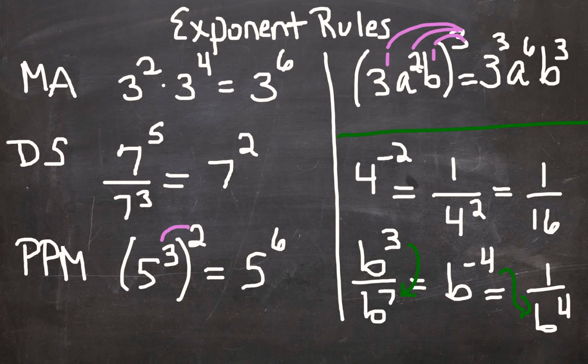Let's turn the page and do one more example. Another example would be, let's say I have m to the negative 5th divided by m to the negative 8. Now both of these are negative, so both of them need to move somewhere else. The negative 8 is unhappy, it needs to move to the top. And the negative 5 is unhappy, it needs to move to the bottom. So let's do that first.